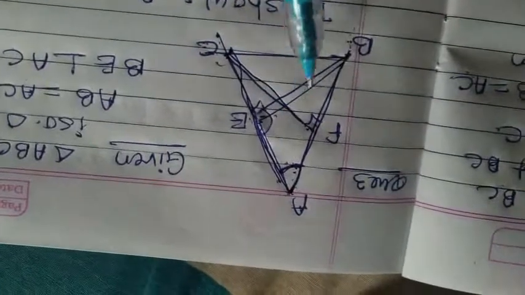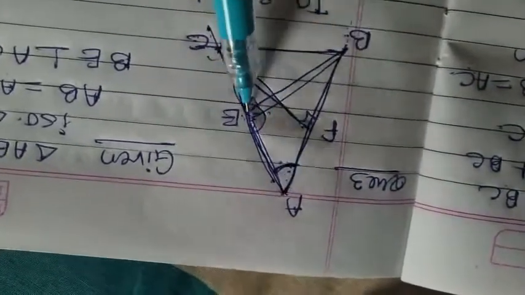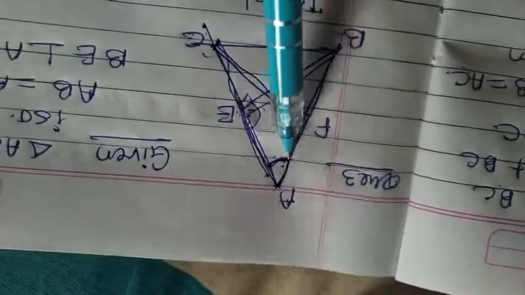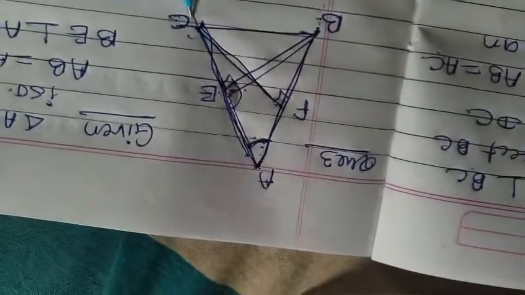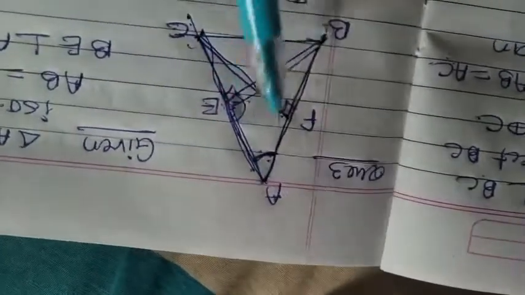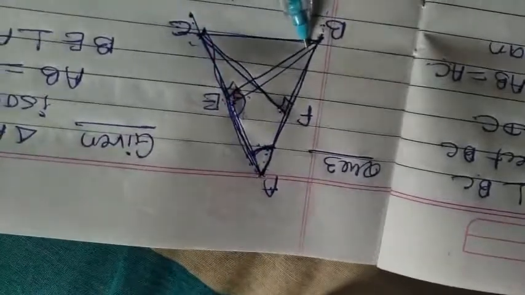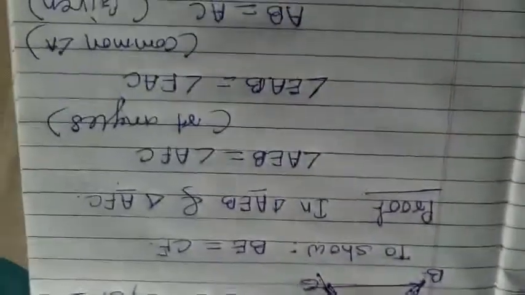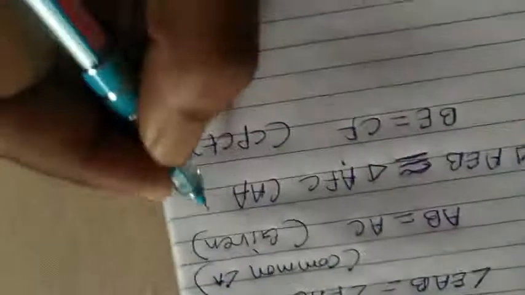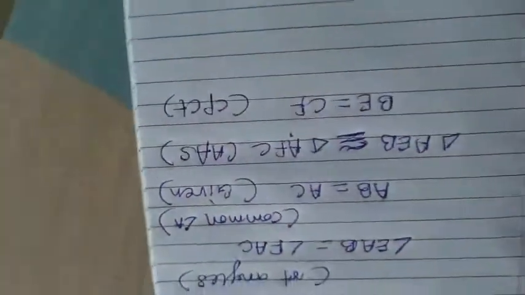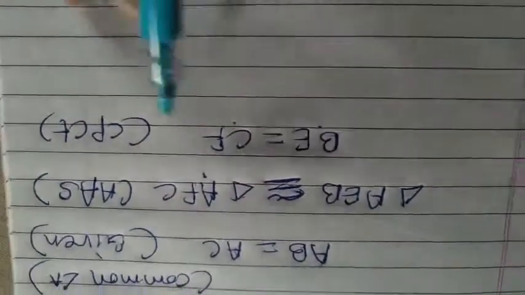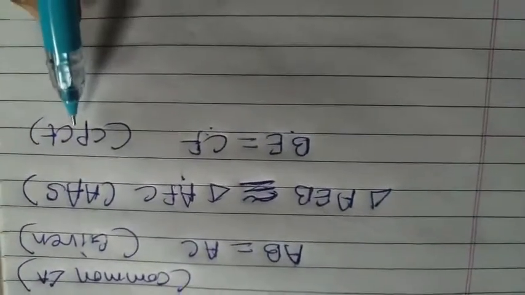If you consider this triangle AEB, in this triangle two angles and this side, angle and side, which is not an included side, and that's why the criteria is AAS. By AAS criteria the triangles are congruent, and that's why BE is equal to CF by CPCT.